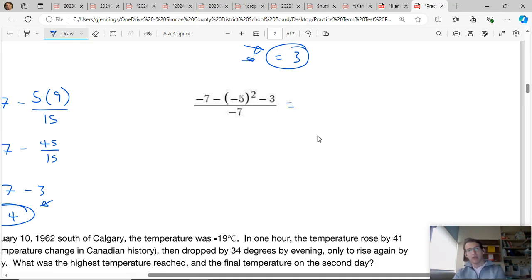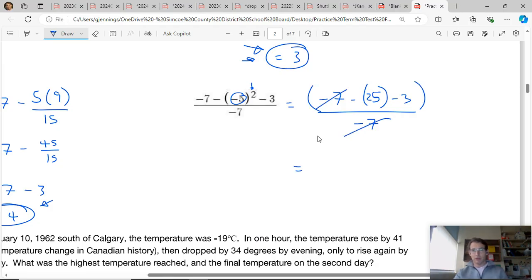I got an exponent. I better do that first. Minus 7 minus 5 squared is just 25. Yeah, that's minus 5 squared is positive 25. Minus 3 all over minus 7. Invisible brackets.